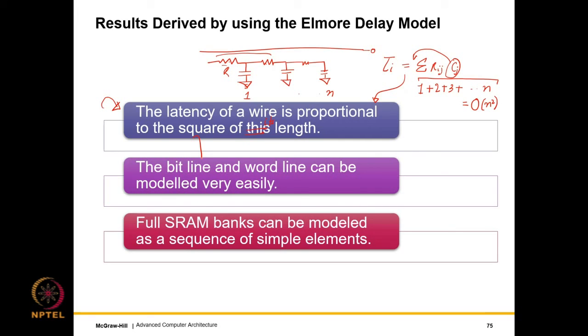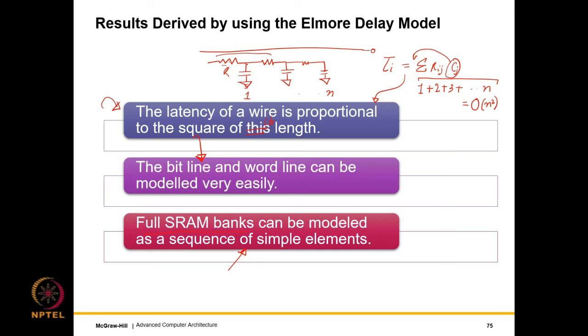This result allows us to model long wires like the bit line and the word line very easily. And if we couple this with simple models for the decoder, for the transistors, for the mux, demux and the sense amplifier, which again can be modeled in a simple fashion, we can model a full SRAM bank as a sequence of simple elements, so we can easily find the time that it will take.